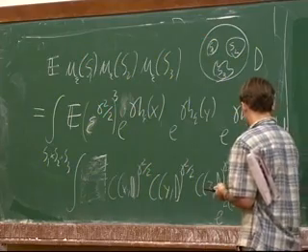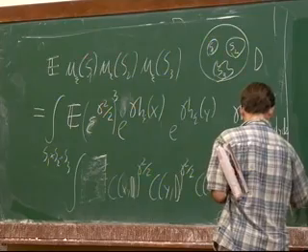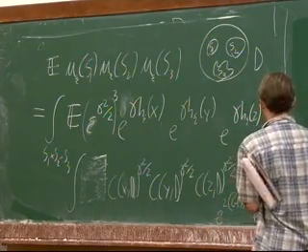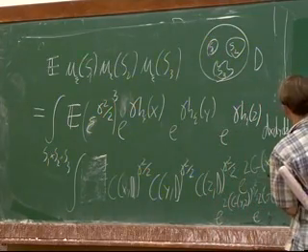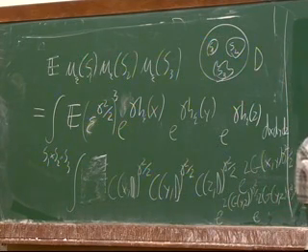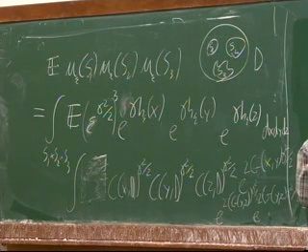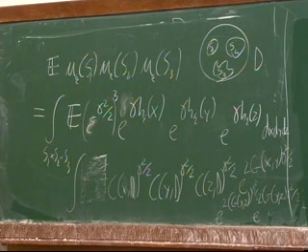That cancels this 2. So you get something that looks kind of like this integral of |x minus y| to the, is it just gamma squared then?